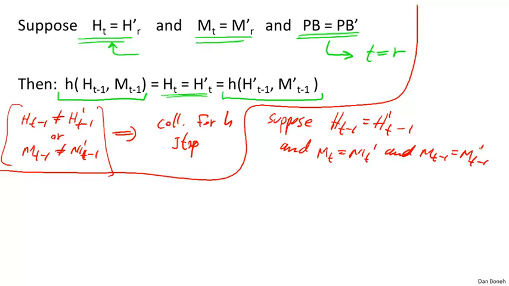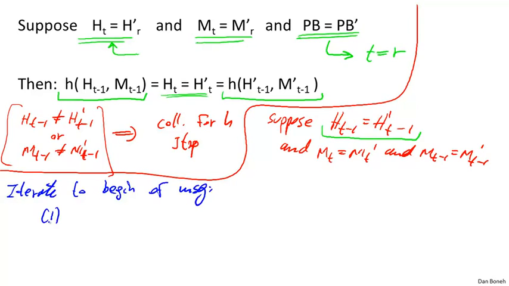Suppose it so happens that these conditions hold. Well, you can see that now we can continue to iterate. In other words, we can now apply exactly the same argument to h_{t-1} and h'_{t-1}. And so iterating this again and again, we can iterate all the way to the beginning of the message, and one of two things must hold.